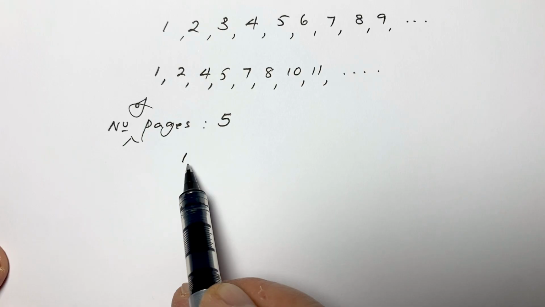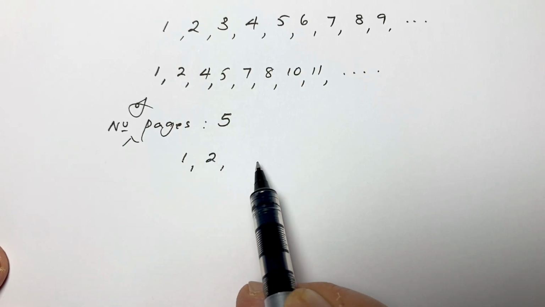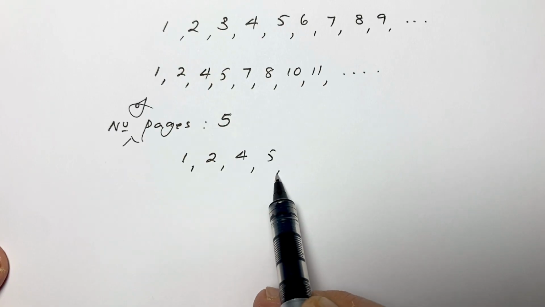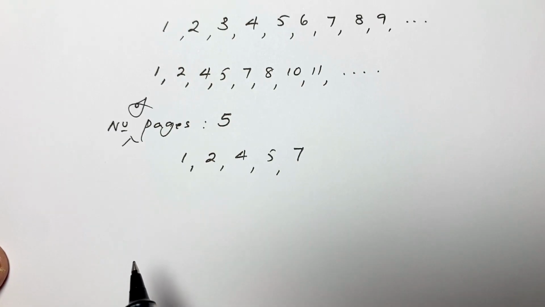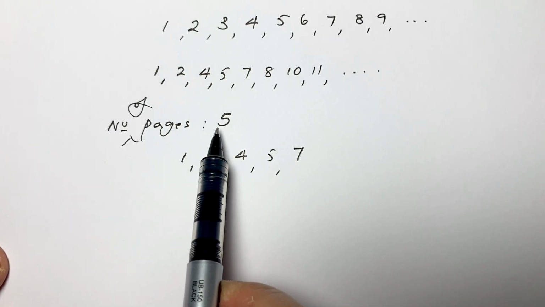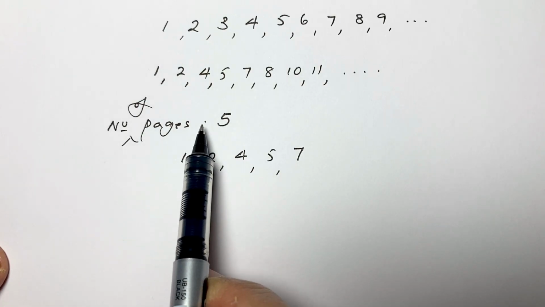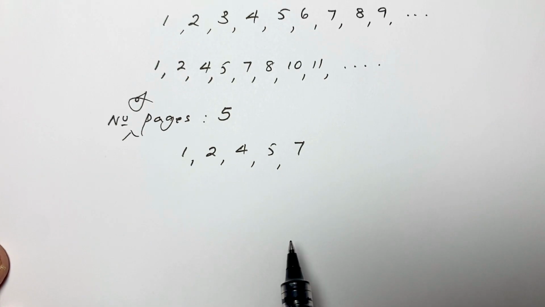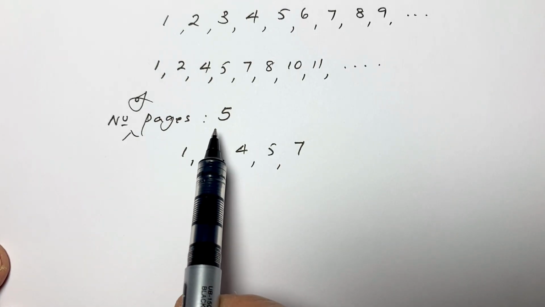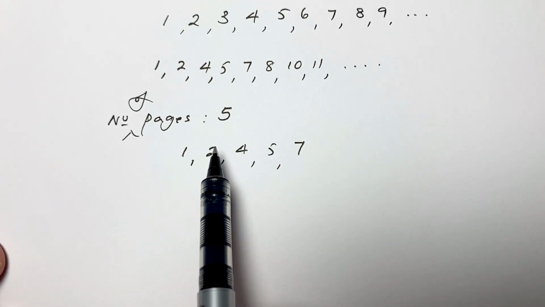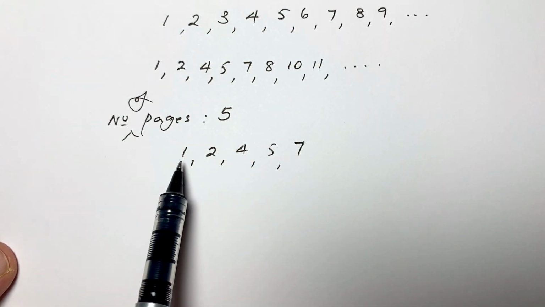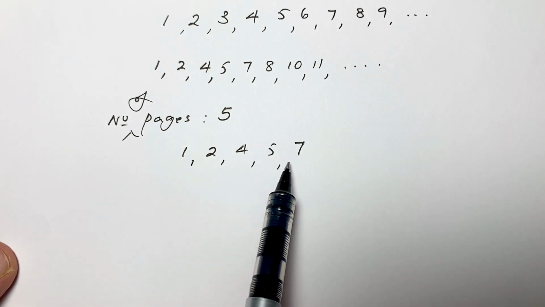So I will have 1, 2, miss 3, 4, 5, miss 6, 7. How would I get 7 on the 5th page? This would be the number of natural numbers and the number of printed pages.